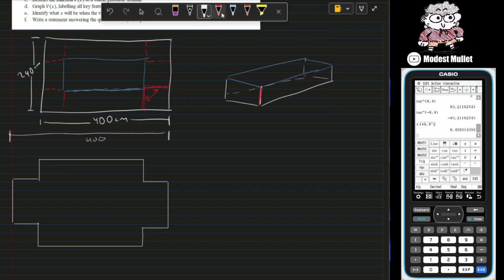Importantly, we were told that the area of each square cutout is X. So how do we get an area of X?